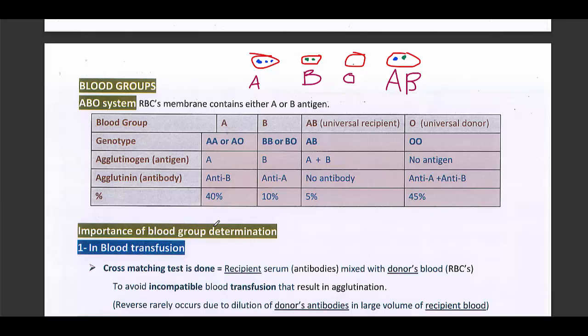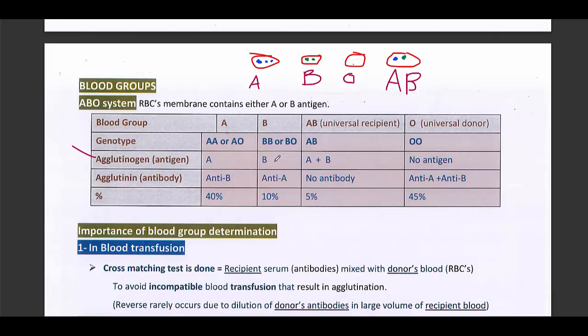The antigen, as we said, is very simple. We don't need to say it again. Okay. Antibody for it: for A, antibody anti-B. And for B, anti-A. AB, the universal recipient, doesn't have antibodies. O has anti-A and anti-B.